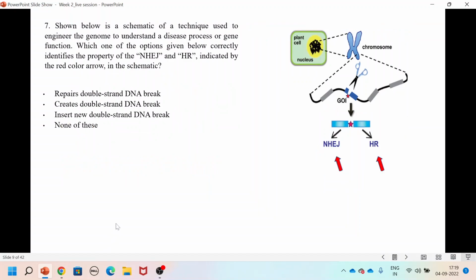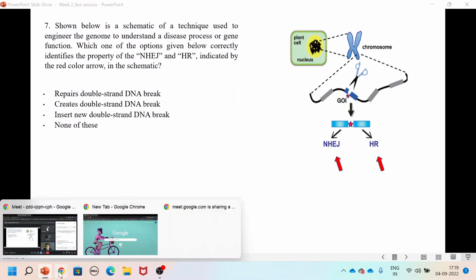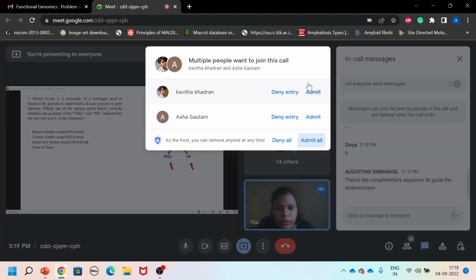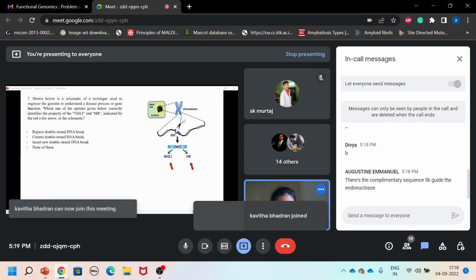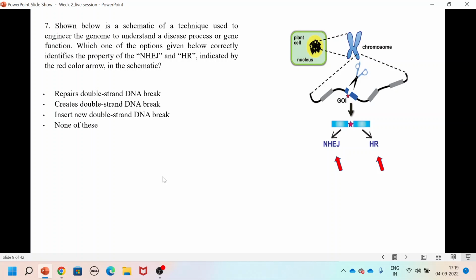The next question is, shown below is a schematic of a technique used to engineer the genome to understand a disease process or gene function.